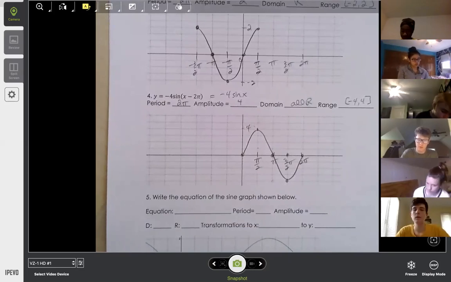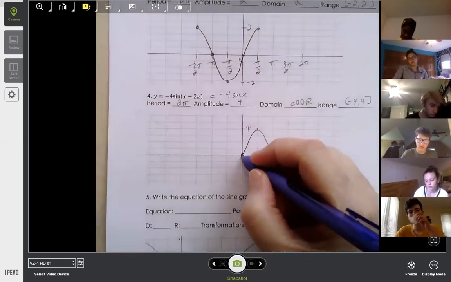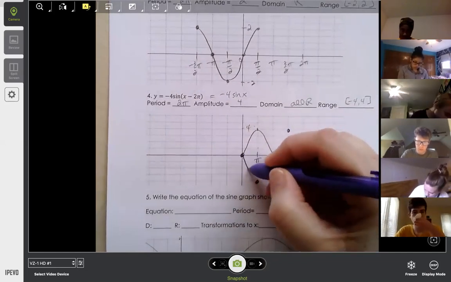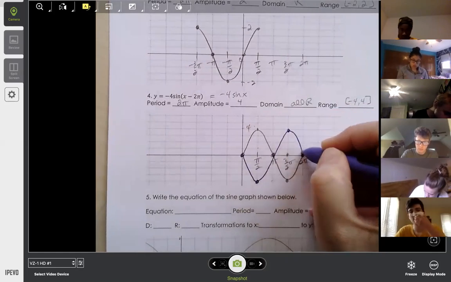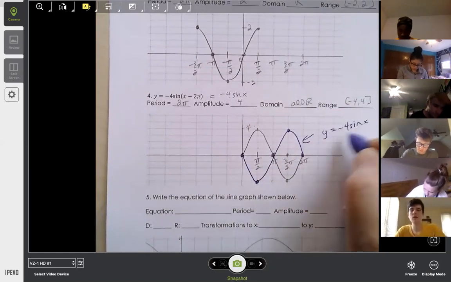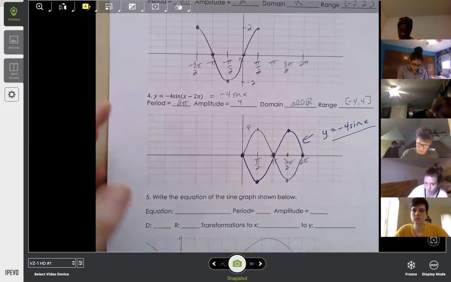Joe, what's that negative do to the graph? Makes it go downward first instead of going upward first. Right. So here, pay attention to the purple graph. This is y equals -4 sine x. Yeah. So it's a reflection over the x-axis.